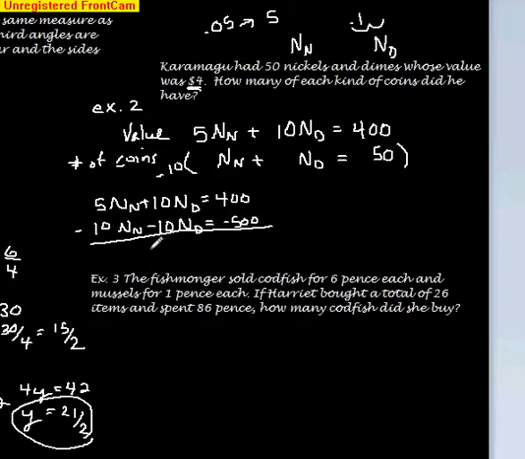And we're going to add till we get negative 5 number of nickels equals negative 100. Divide both sides by negative 5 and we get the number of nickels is 20. And so if we put that up here, that means the dimes have to equal 30. And that's it for that problem.